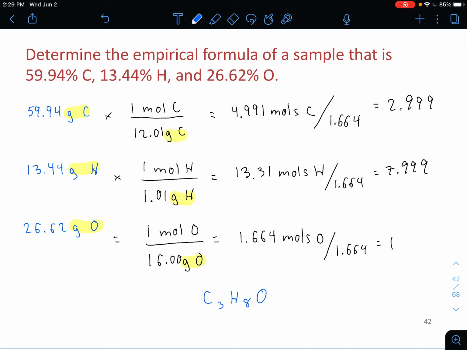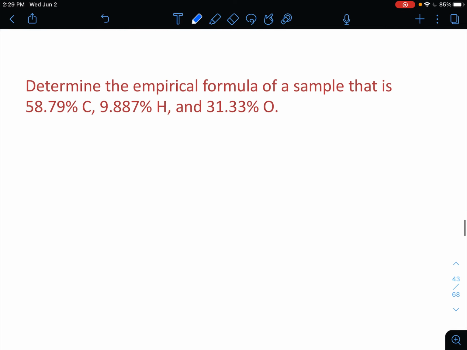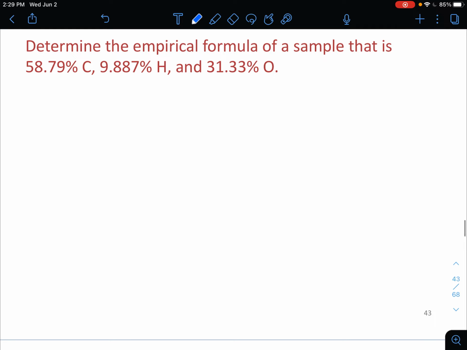So hopefully that makes reasonable sense. We have 1 more of these to work through as well. So now it's same thing, carbon, hydrogen, and oxygen. So let's get these numbers down. 58.79 grams carbon, 9.887 grams hydrogen, 31.33 grams oxygen.